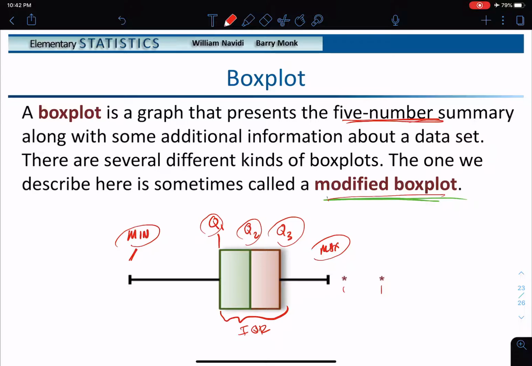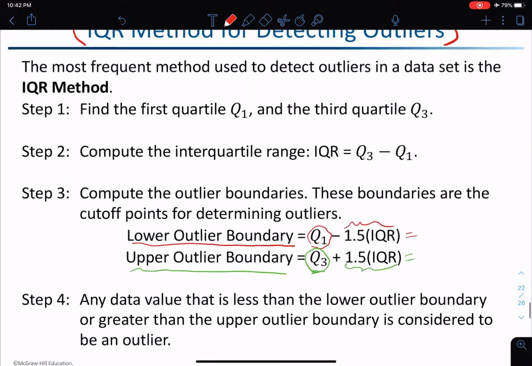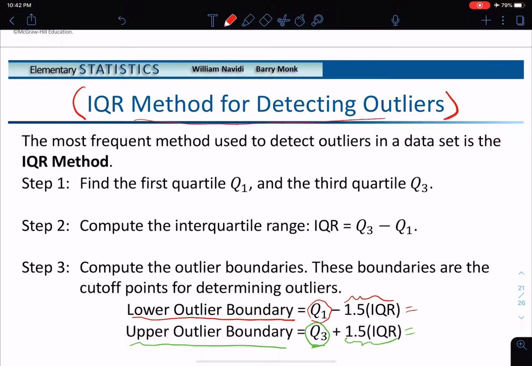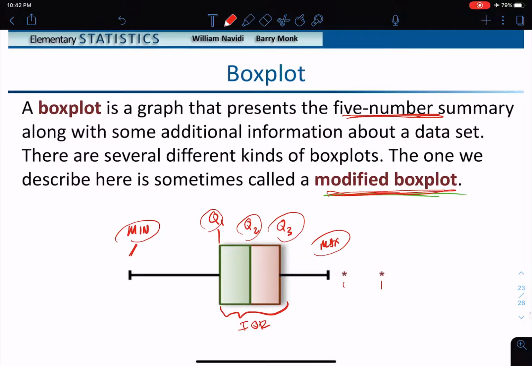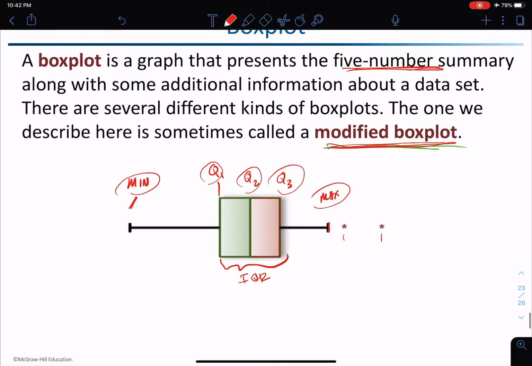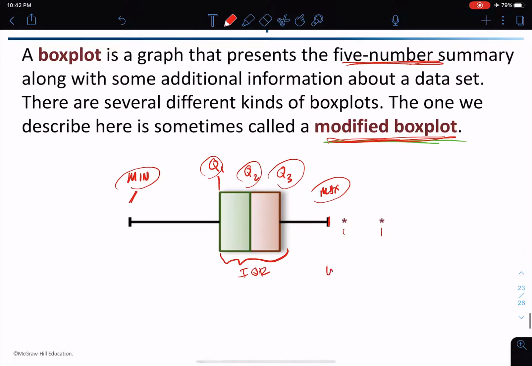The modified part is using our IQR method for detecting outliers and then crossing outliers out and not including them in our min and max. So apparently what happened is, for the upper bound, they took Q3, and then they added 1.5 times the IQR, and it turned out to be a number.